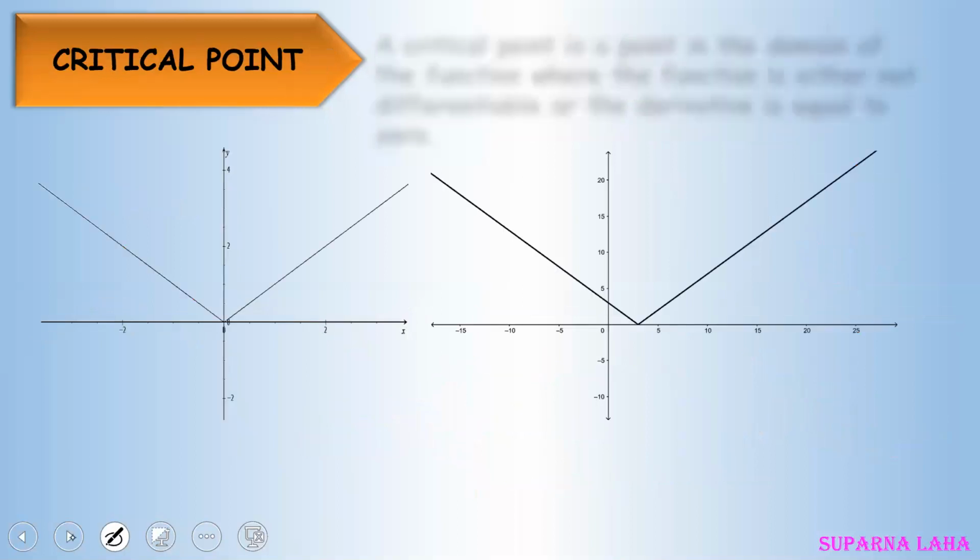Here I'm taking these two curves, very common curves, that is y is equal to mod x and y is equal to mod x minus 3. So we all know that at x equals 0, f dash x is undefined.